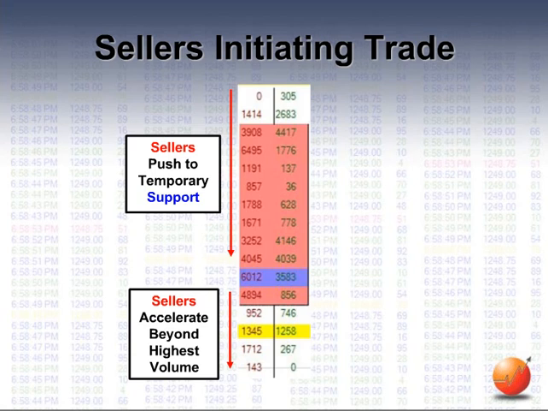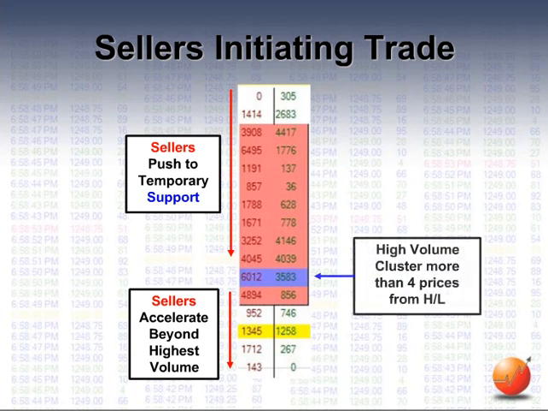Right? It's failed. And now that starts what most of you would call a breakdown. So when we see that we're able to get on the other side of a huge cluster of volume by more than about 4 price levels, then we can say, yes, the sellers came down, there was a slight buy response, they were trying to lift it back up, but the seller initiated enough trade to break the market down.